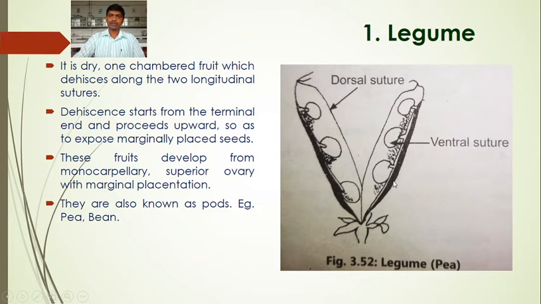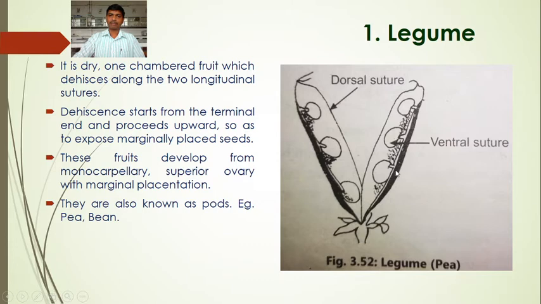This ventral suture is formed by the fusion of the margins of the ovary or the fruit. So the placenta develops on the ventral suture to expose the marginally placed seeds; the dehiscence starts from the terminal end and proceeds upwards.